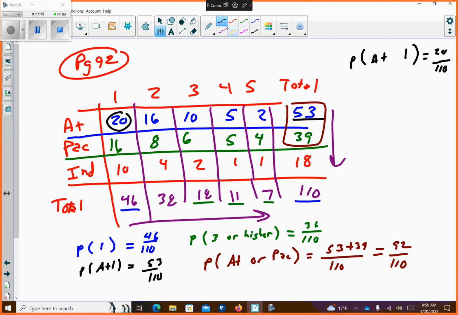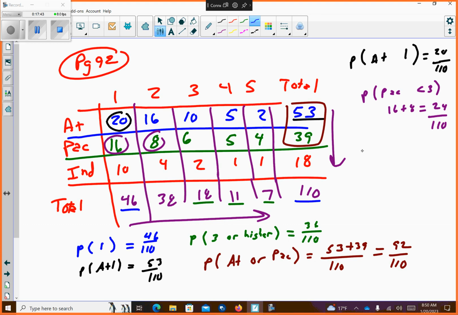Then example 6, the probability of selecting Pacific and less than category 3. That means it's category 2 or 1. So Pacific less than category 3 is 16 and 8. 16 and 8 add together to give me 24 out of 110 total.